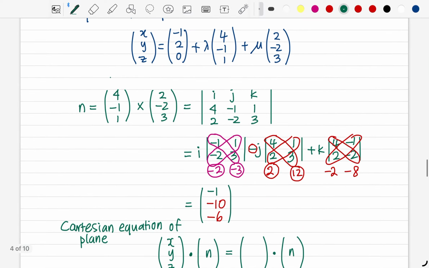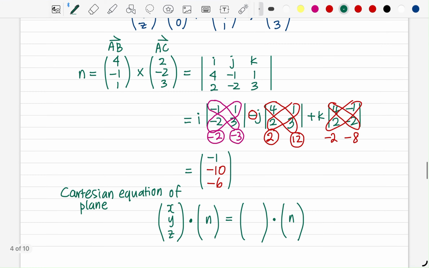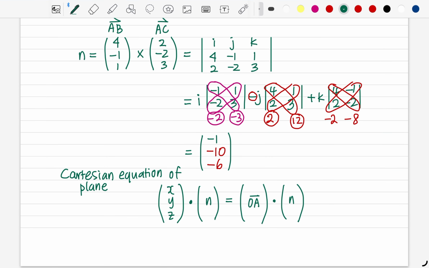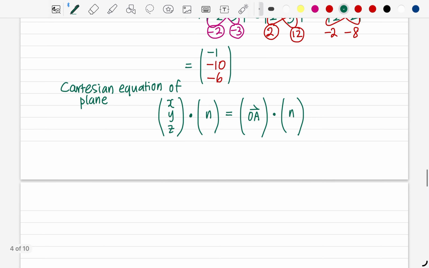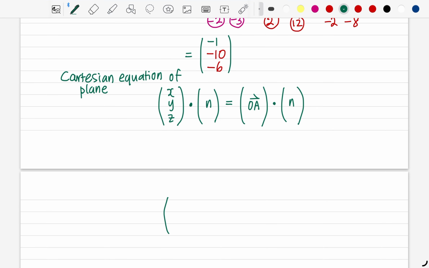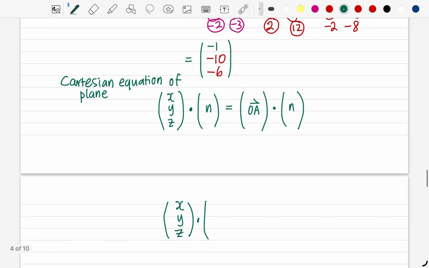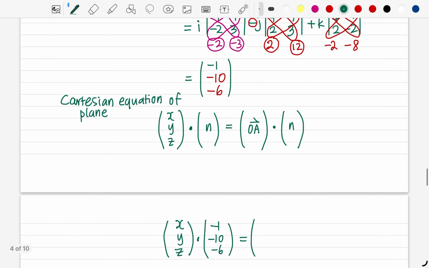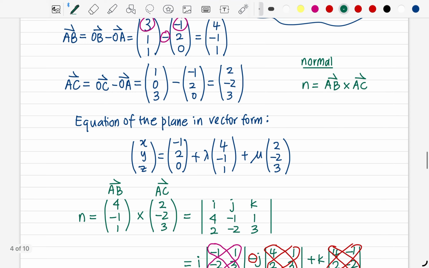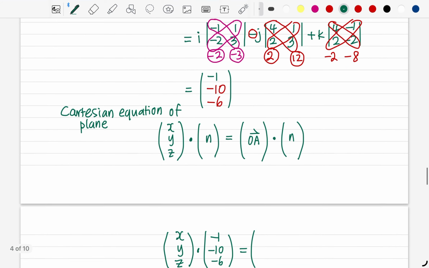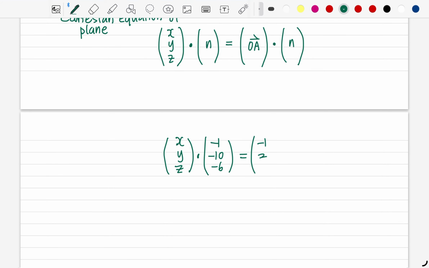And I have been using vector AB, vector AC, so our fixed point over here is OA. The Cartesian form (x, y, z) dot our normal (-1, -10, -6) equals OA (-1, 2, 0) dot the normal (-1, -10, -6).